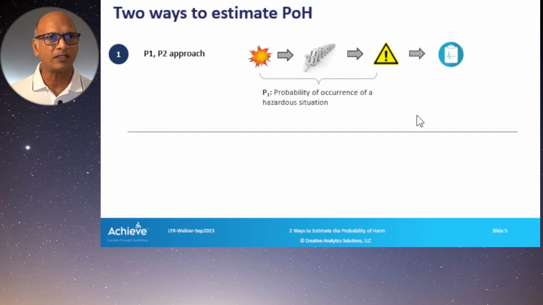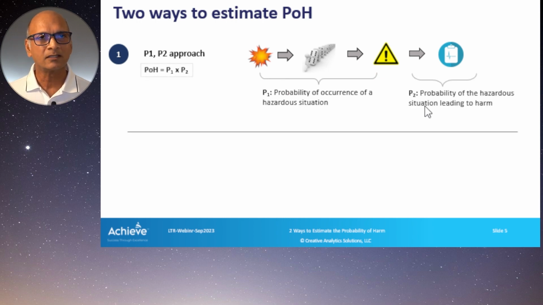P1 is the probability of occurrence of a hazardous situation. As you can see, this corresponds to the sequence of events starting from the initial event. And then P2 is, once a hazardous situation has occurred, what is the likelihood or probability of that hazardous situation leading to harm? So these are 2 different probabilities. We have to treat them differently. P1 and P2 are 2 different concepts.